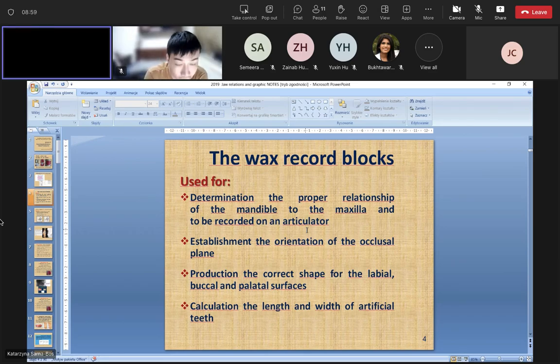So occlusal rims are used to determine the tooth position, also the occlusal vertical height and horizontal jaw relationship, and transfer this recording to the laboratory. Using this, together with the detailed written instructions provided, the technician can set the artificial teeth in the correct position.